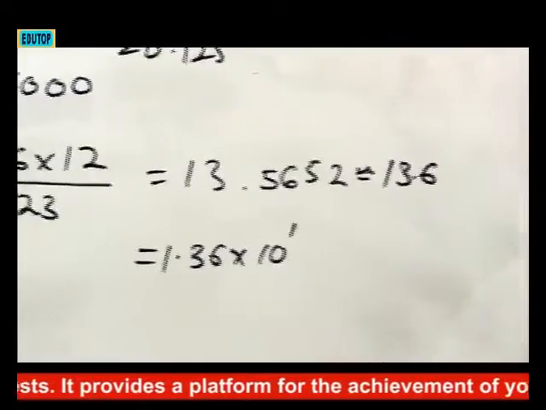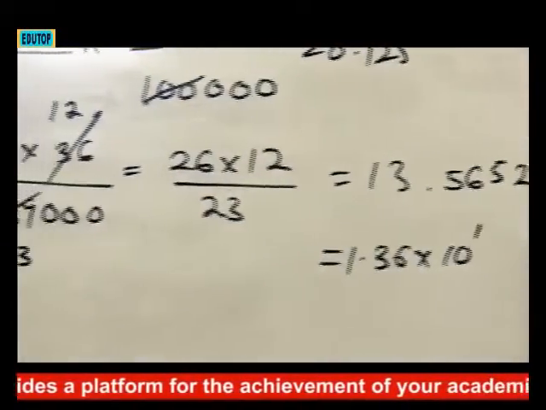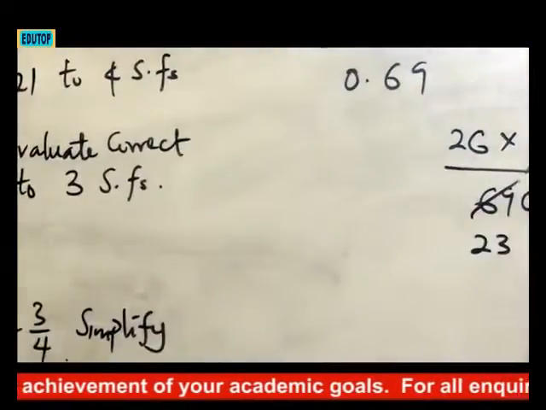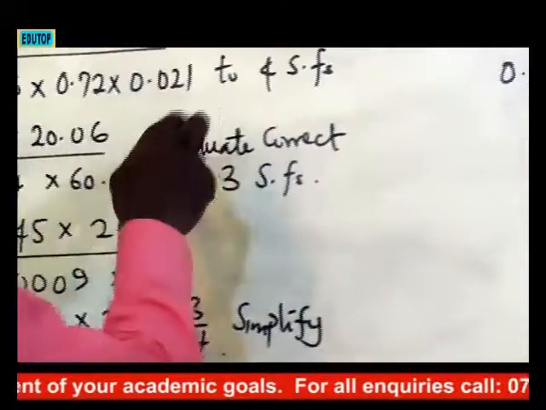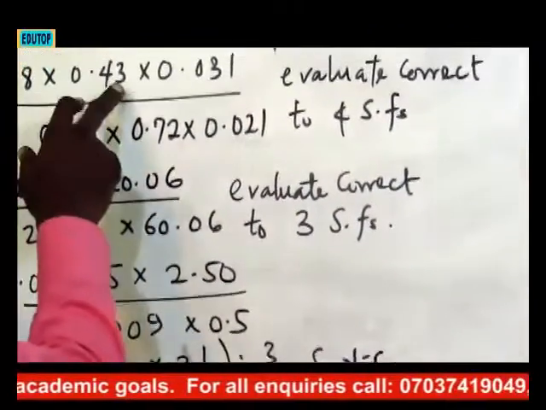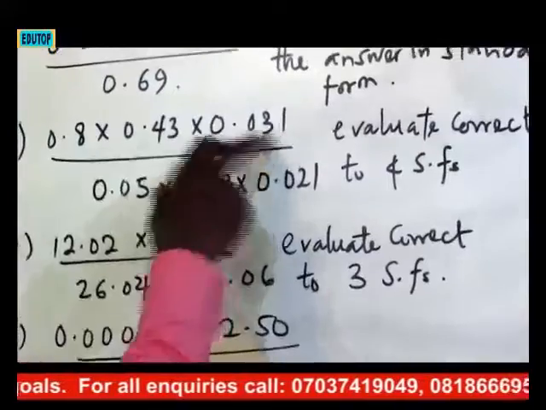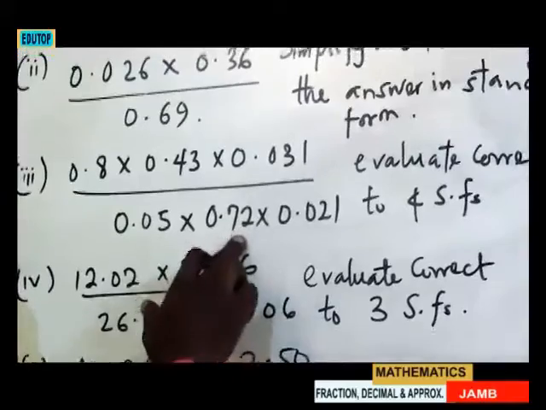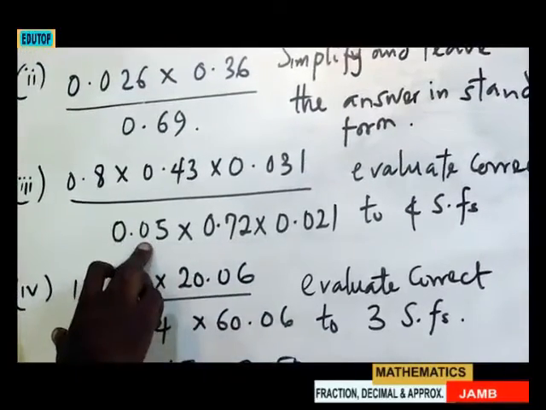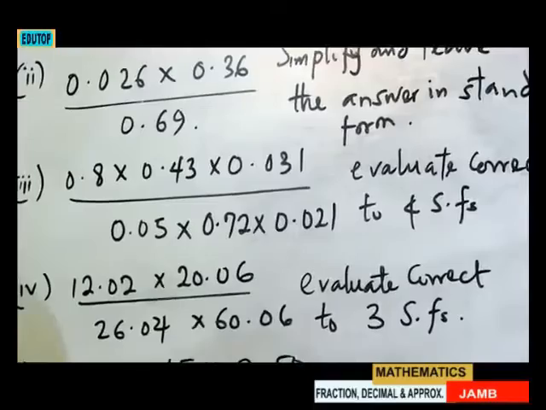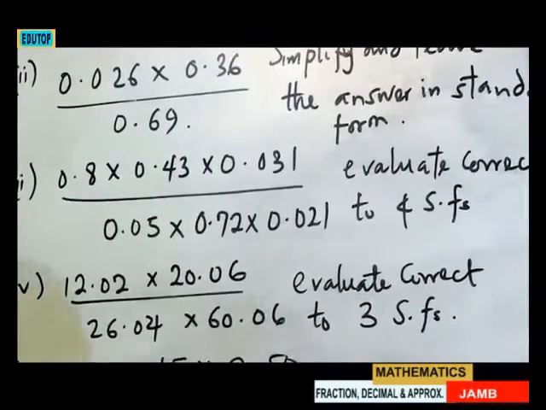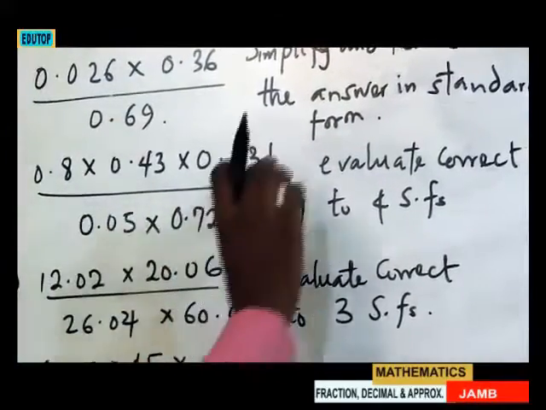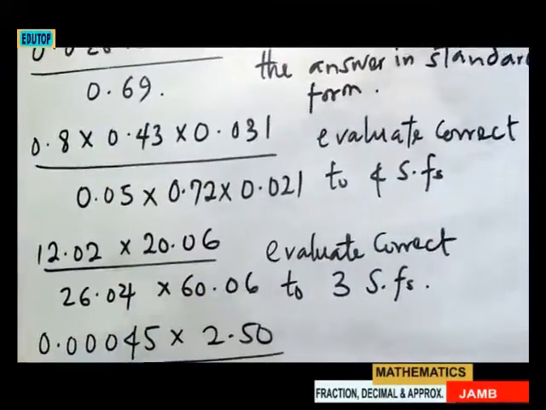Then question number 3 asks us to evaluate and correct to 4 significant figures. Also, we count the number of decimal places: 1 plus 2 plus 3, that is 6, and in the denominator, 2, 2, 3, making it 7. You are always mindful of the number of decimal places that is on the high side.